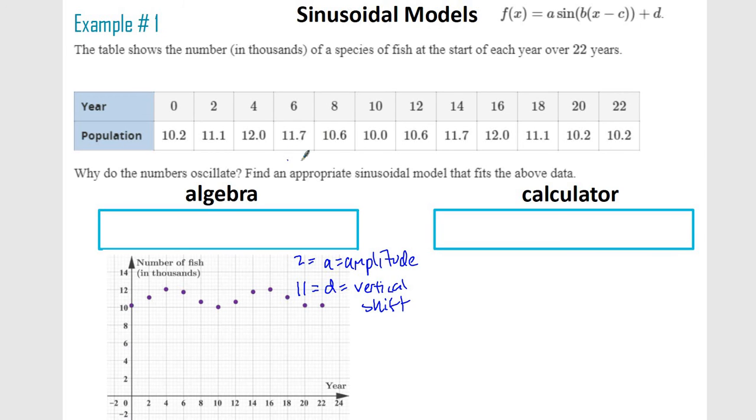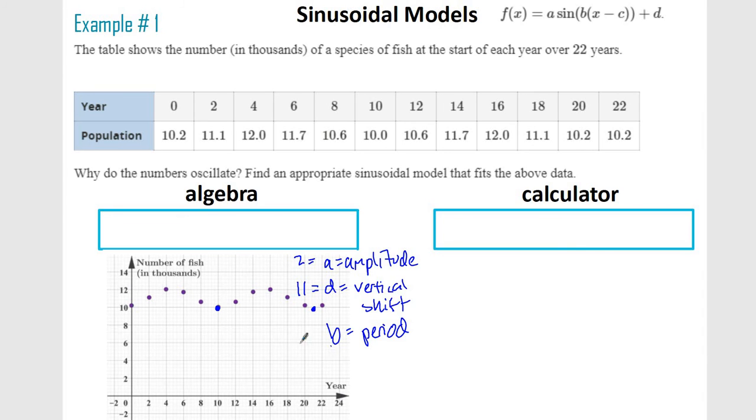For B, we're looking for the period. I was trying to think of the shift. I couldn't think of the word. Okay, so B would be the period. So here we know that the minimum is at 10, and then here we can assume that the minimum would be between 20 and 22 years, so around 21.